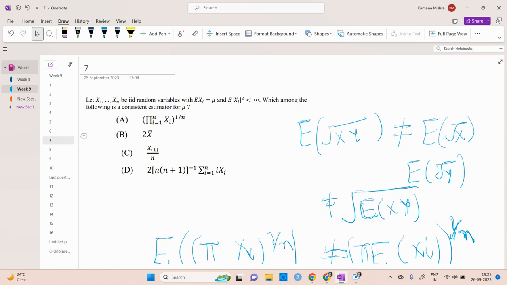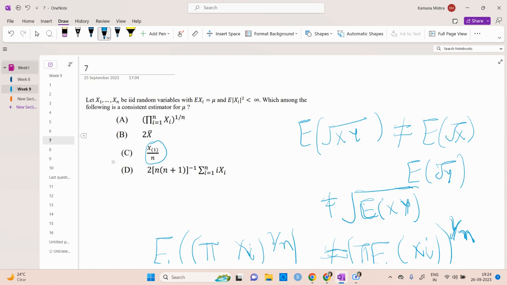The next is X1 by n. Now, X1 by n, what I have told you earlier is that X1 is the minimum of X1 up to Xn. So it will follow some different kind of distribution, so it will also not be unbiased.